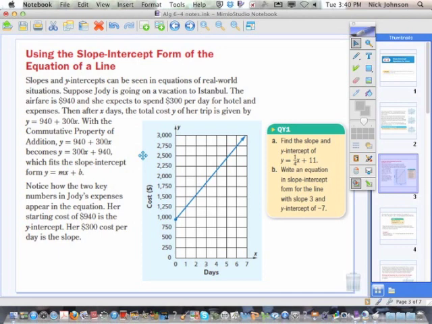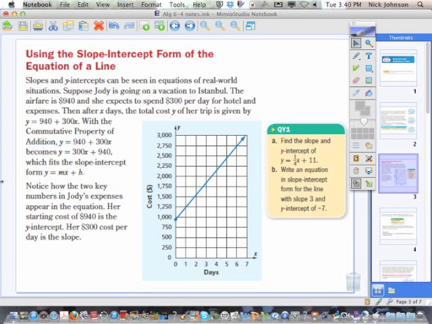Then after x days, the total cost y of her trip is given by the equation y equals 940 plus 300x. She's going to start with 940 is what she has spent, and then every single day she is going to spend $300 after that. For every single day, and we don't know how many days we're going to spend.